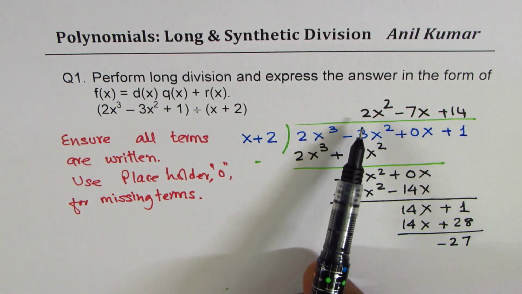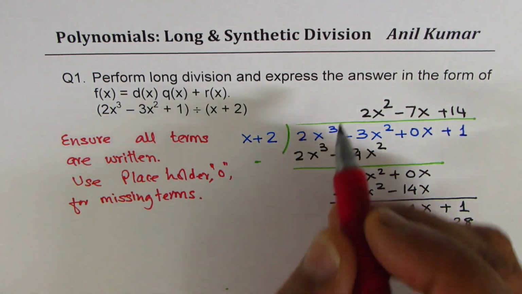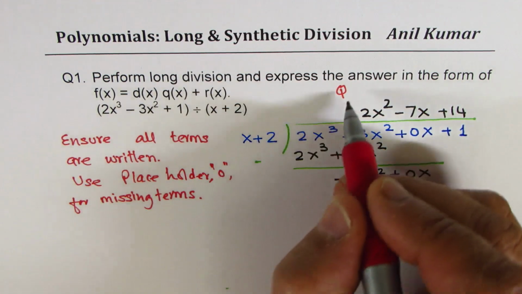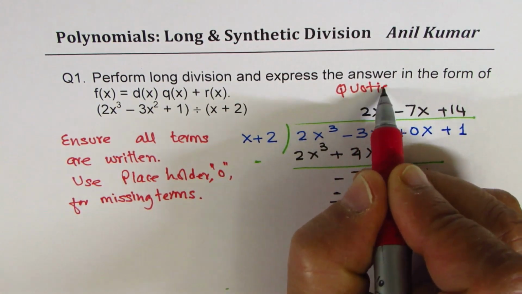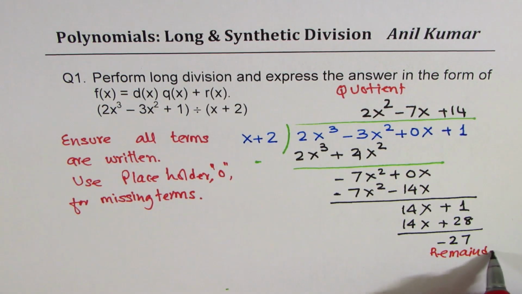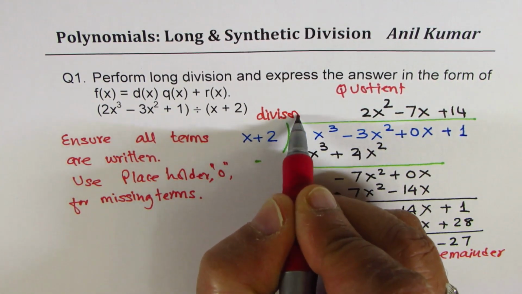So the quotient here is 2x squared minus 7x plus 14. That's the quotient. So we write quotient as q of x here. The remainder is minus 27. And that's the divisor given to you.